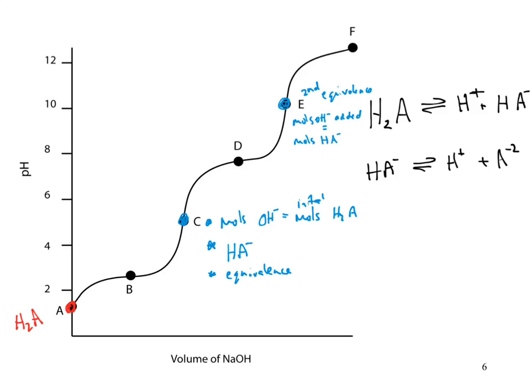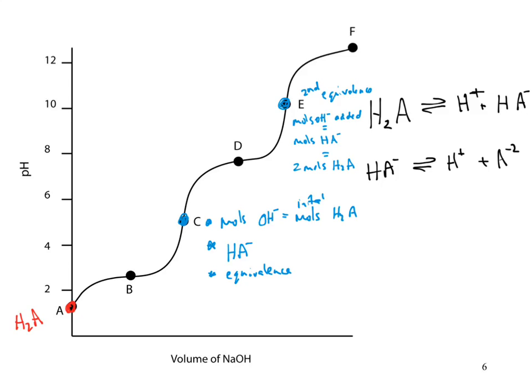If we go all the way back to H2A, what would our relationship be now? It would be twice the moles of H2A. Why? H2A had two hydrogens.